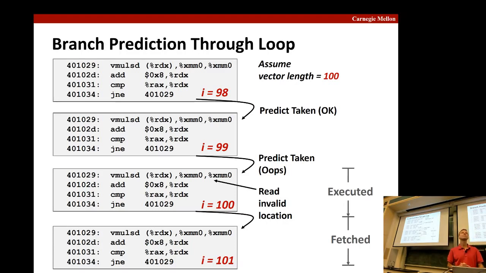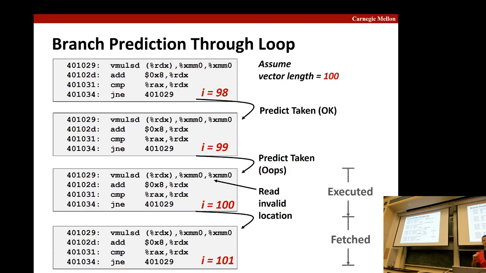A good example is always a loop, or can be a loop. If I loop through something n times and then drop out of the loop, if I always predict that I'm going to loop back, I'm going to be right all but one time.